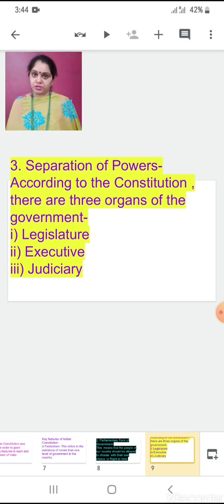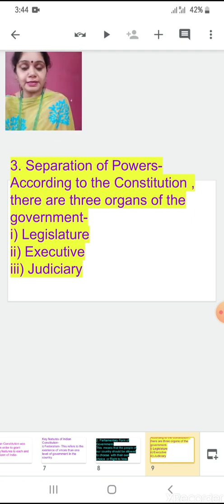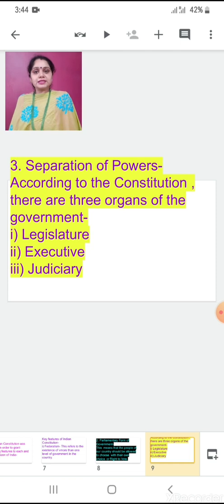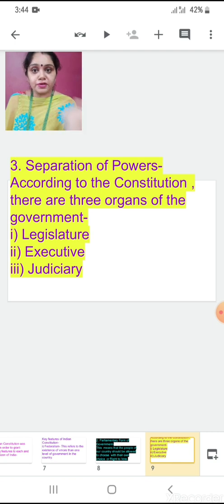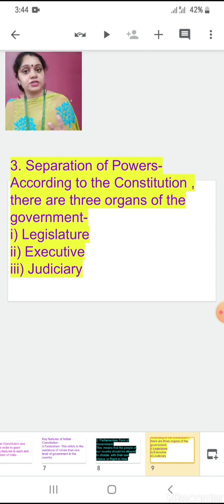You can easily specify that these three organs and their functions are interrelated. If there is any fault with the legislature, the executive and the judiciary are responsible.